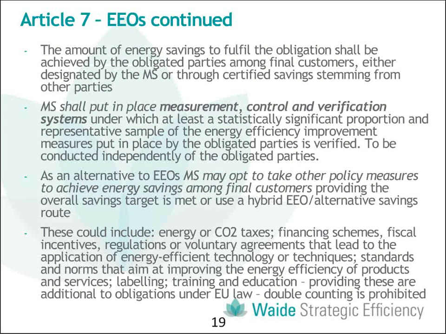Now, this means things like white certificate schemes where energy savings are certified, can be delivered by all sorts of different actors, but they then go through a certified process by which there is a measurement, control, and verification system to determine what the levels of savings are from the measures done, and then they can be sold in the market to the obligated parties.